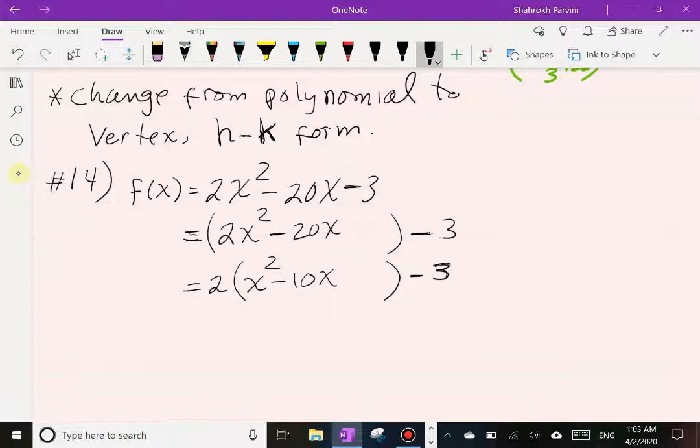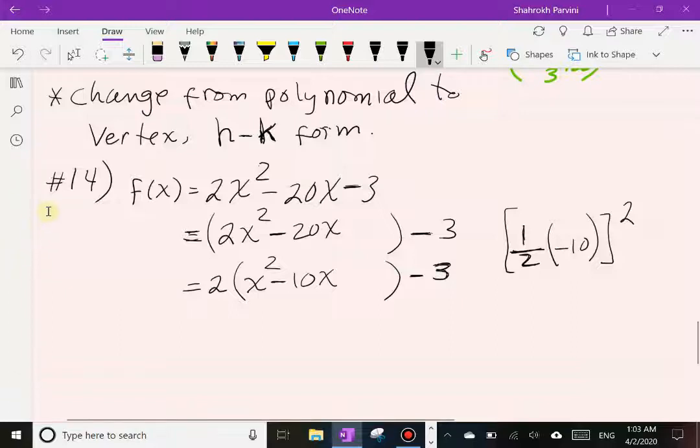Okay, there you go. Now, next step, going through the process of completing the square. If you recall, we need to add half of negative 10, squared, in order to create a perfect square trinomial.